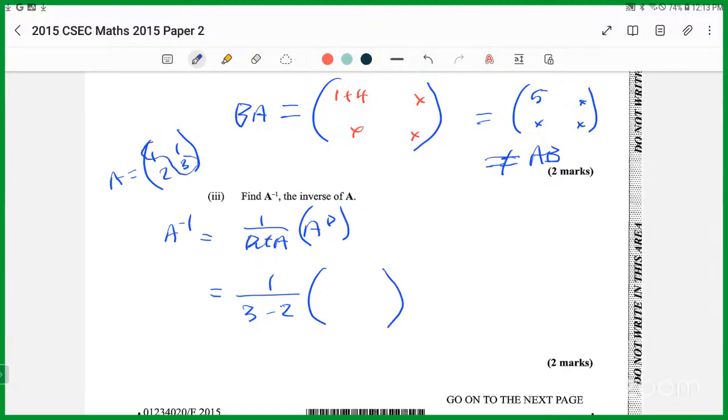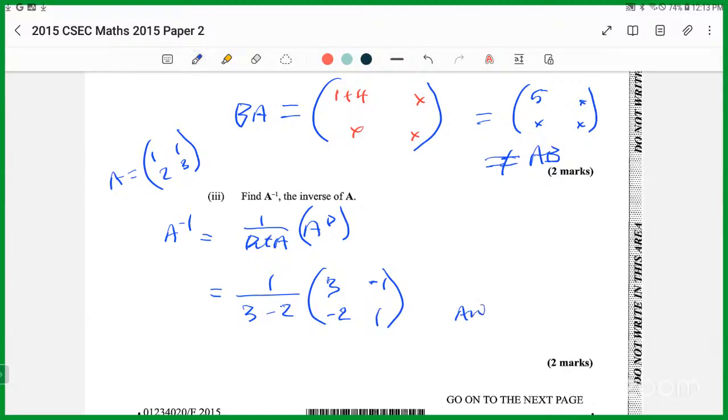We do the adjoint again. Interchange the elements on the first diagonal, switch them around. So 1, 3 becomes 3, 1. Leave these two where they are and change the sign. So 1 becomes negative 1 over here, and 2 becomes negative 2 down here. That's the answer right there.